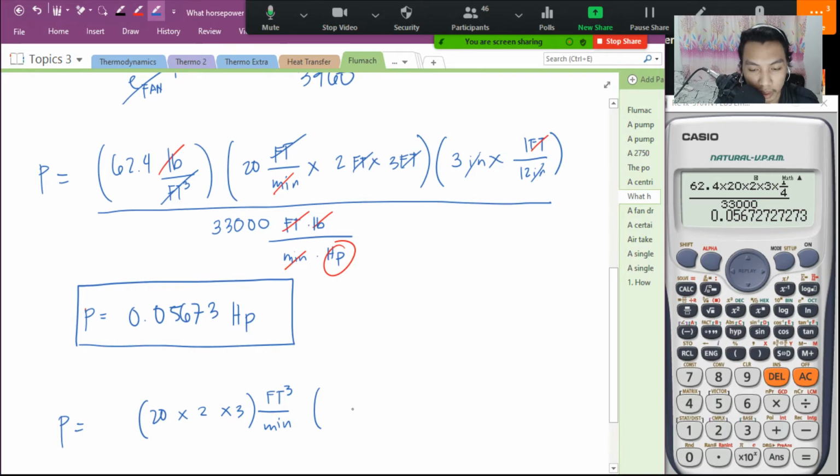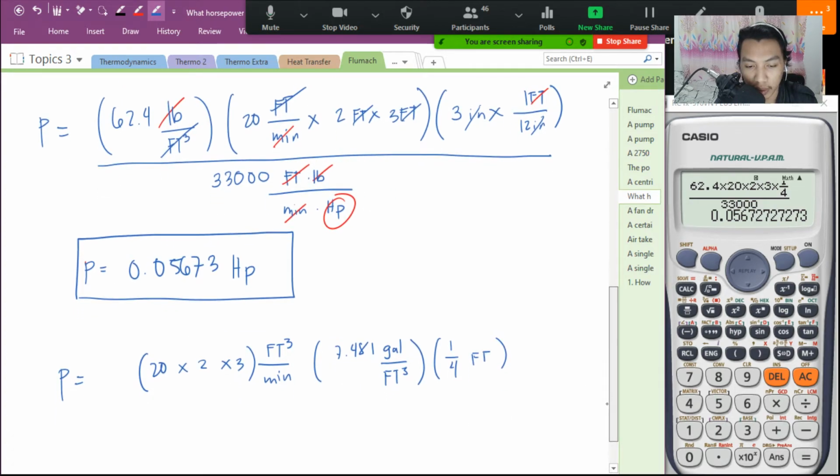There are 7.481 gallon per cubic foot. Times yung head na 1/4 feet. Okay.